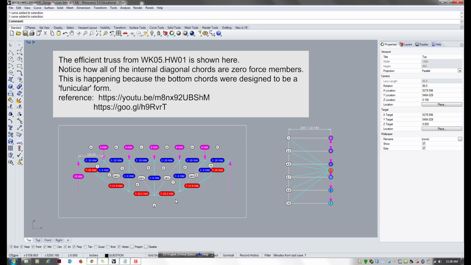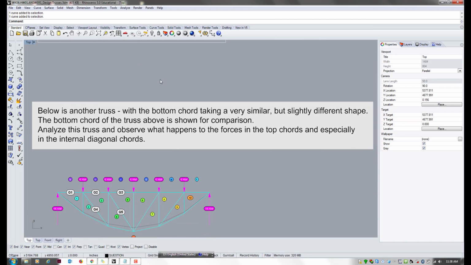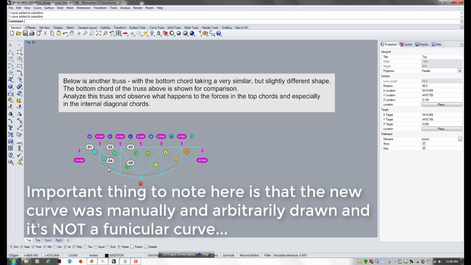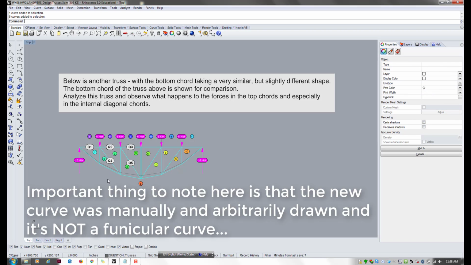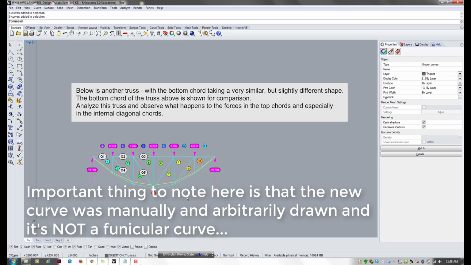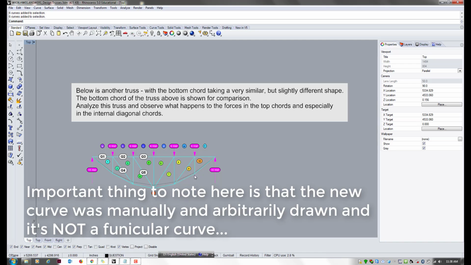So now what I would like you to do is, so here is another truss with a bottom chord taking a very similar shape, but it's ever so slightly different. So I'm showing the original truss bottom chord from above in gray here, so it's slightly deeper, but it's almost the same.